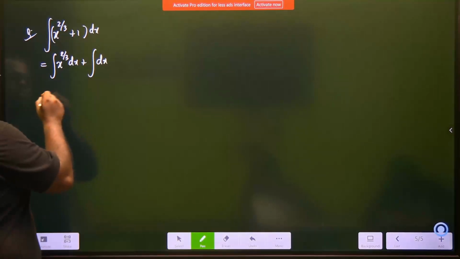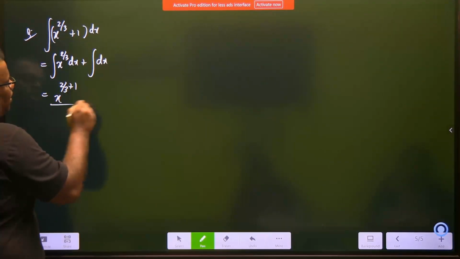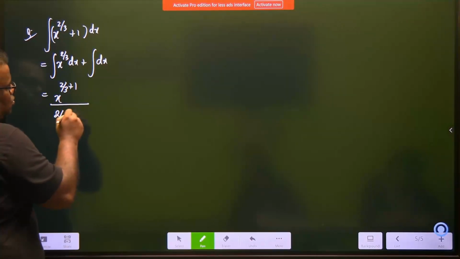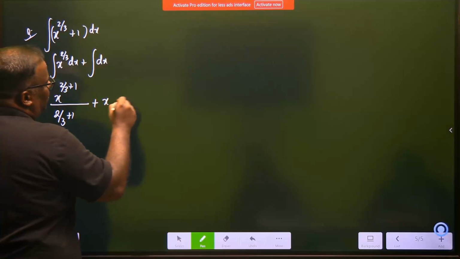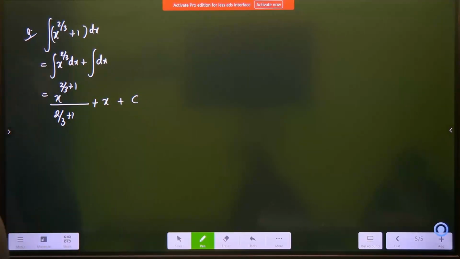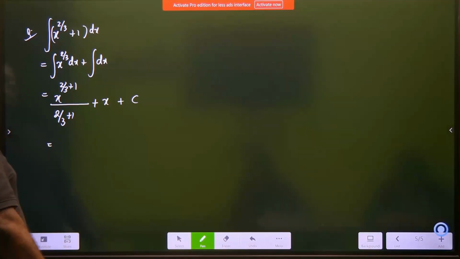So this will become x to the power 2 by 3 plus 1 divided by 2 by 3 plus 1. And now I won't do any C1, C2 anymore. I'll straight away write C. Now let's do this. 2 by 3 plus 1 is how much, beta?